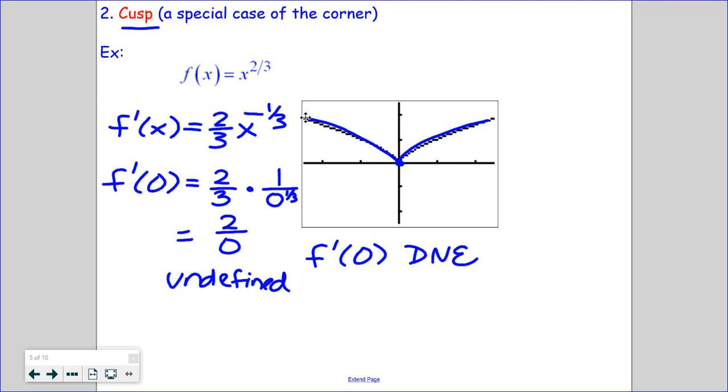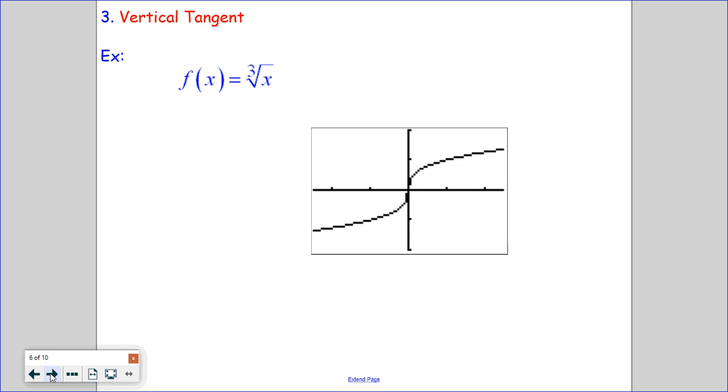But graphically you can tell because of the cusp or sharp corner in the graph. All right, a third case where the derivative does not exist is when we have a vertical tangent line. Now, I can tell you guys, these are a little bit harder to find or to see in a graph.